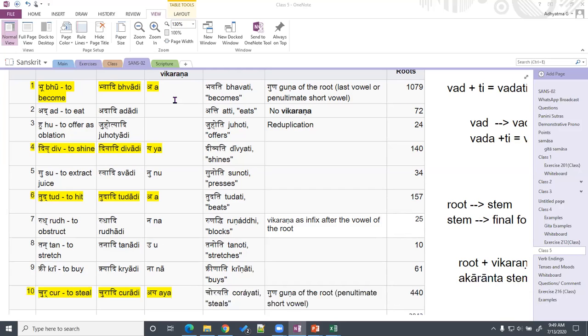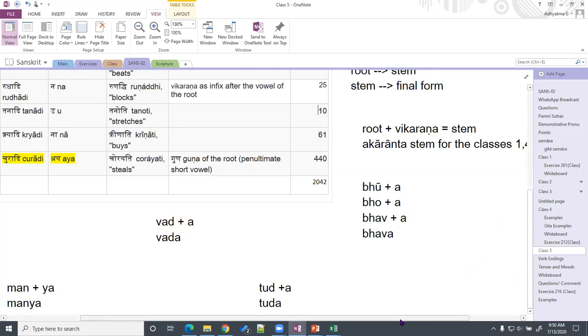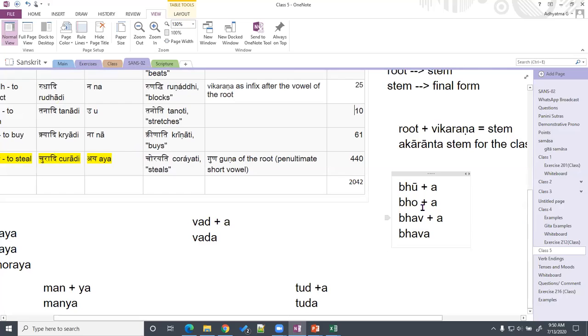The question: in the Bhu example, I did not understand why you add Akara 3 times. Oh, okay. Akara is not added 3 times. This is the Bhu example, and I'm going through it step by step. In the first step, I'm saying we add the Akara.